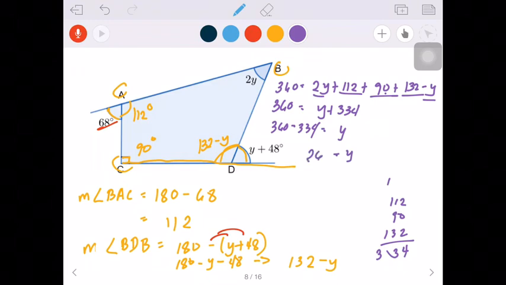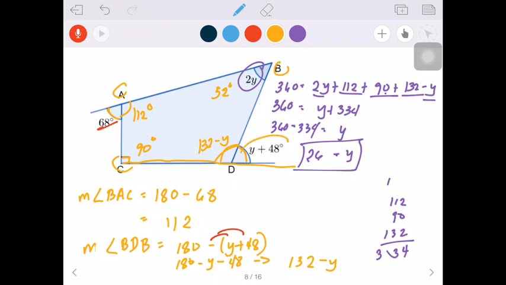Alright, since we know the value of y, we look for those angles in our quadrilateral that we need to substitute y into. For 2y, if y is 26, this angle right here becomes 52 degrees. 2 times 26. What about the exterior angle here? We can also solve that. Since y is 26, we add 48 to it.